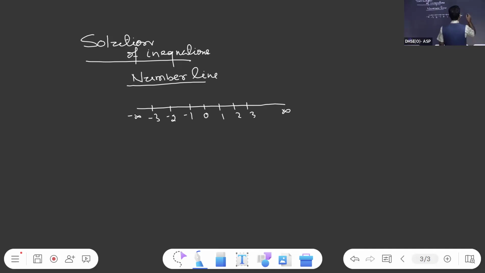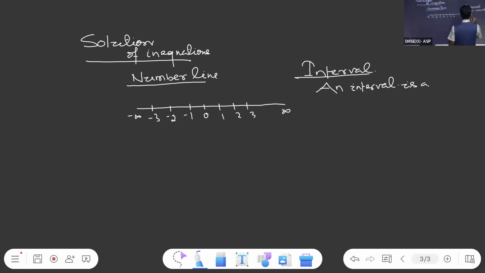Then write down interval. An interval is a subset of real numbers.